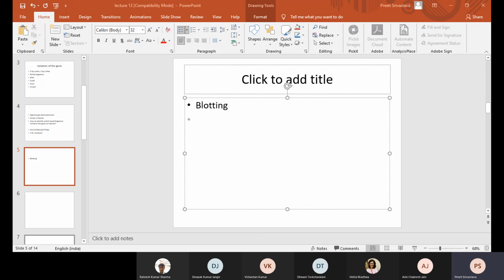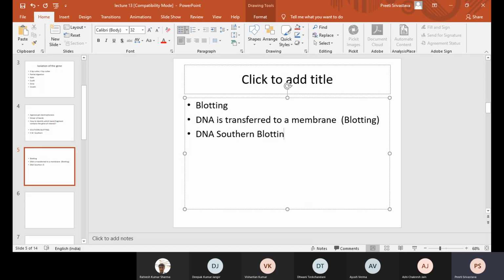So here what is done is that the DNA is transferred to a membrane, and this process of transfer to a membrane is actually called blotting. And when it is the transfer of DNA, the technique is called Southern blotting. When it is the transfer of RNA, the technique is called northern blotting.